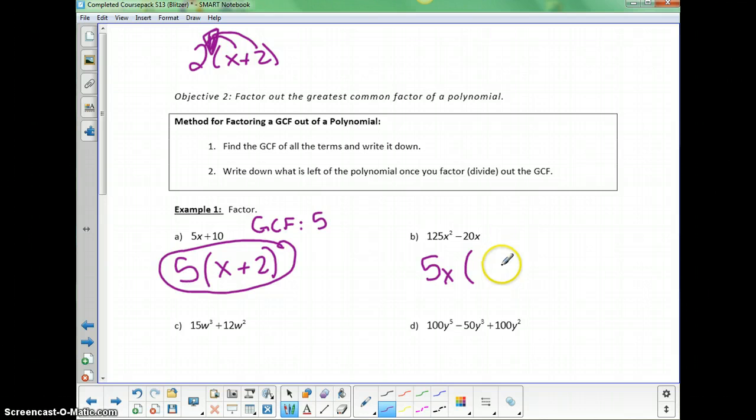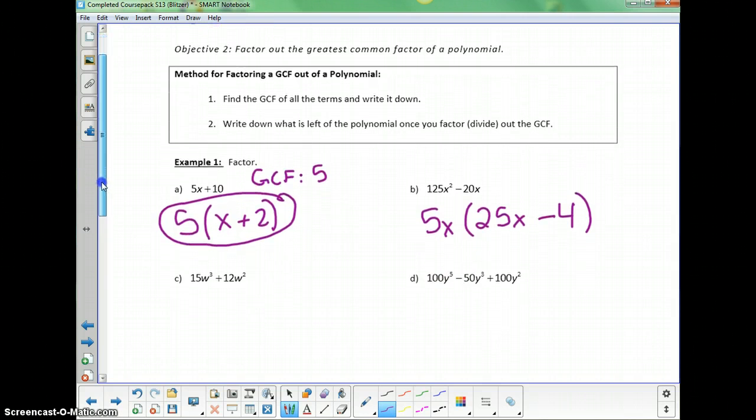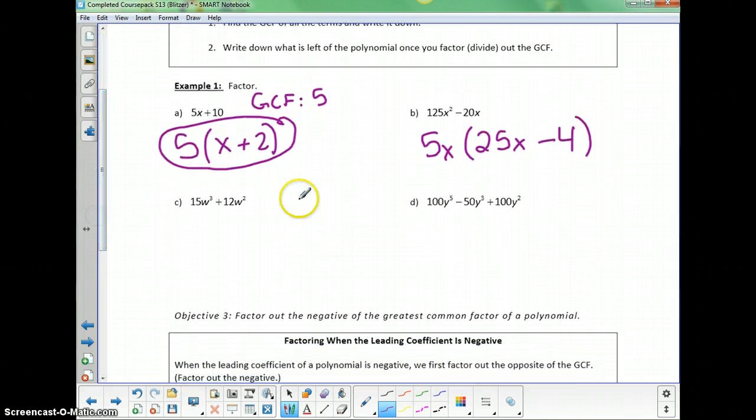Now let's take that out. 125 divided by 5 is 25. X squared divided by x, so if you have 2 and you're taking 1 away, there would be 1 left. Minus, it's going to be minus because a negative 20 divided by a positive 5 is going to be a negative 4, so my minus 4 right there. And you've taken the x out, so there aren't any x left. So again, that's factored. Okay, next.